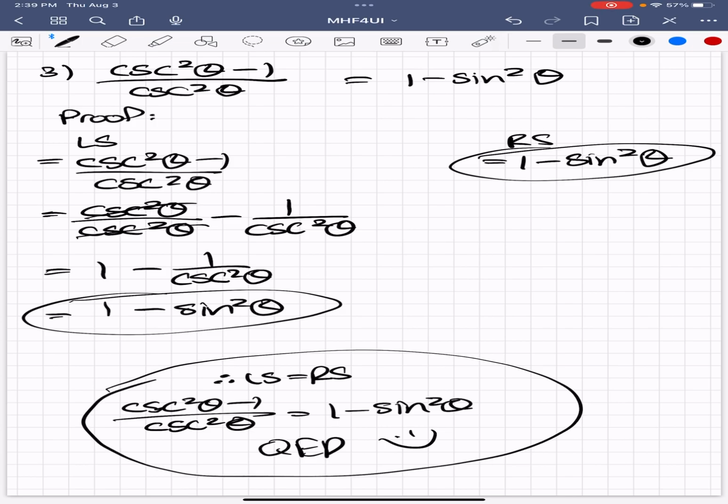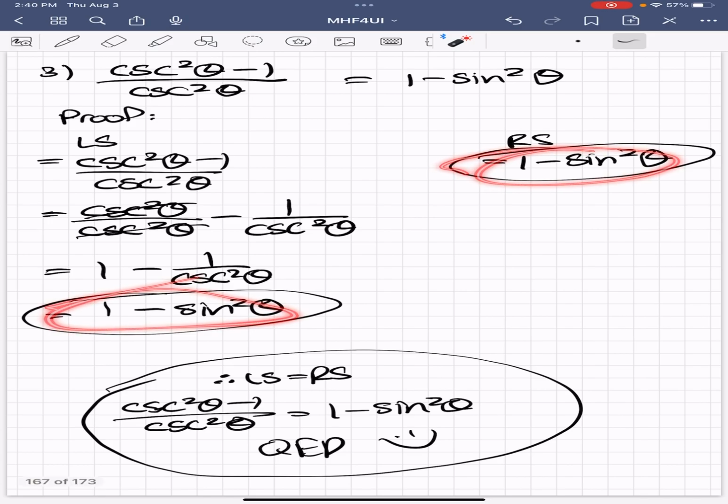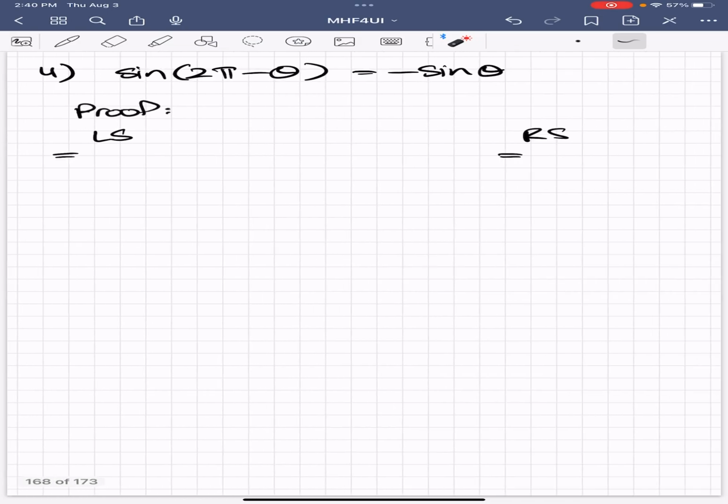Okay, moving on. Actually, I should explain a bit here. So I separated the numerator to create two fractions, and it's just the same as this one but separated. And then cosecant to the power of 2 theta cancels out on the top and the bottom, which would equal 1. And then using the reciprocal identity, but to the power of 2, we managed to get the same answer on both left and right side. Moving on.